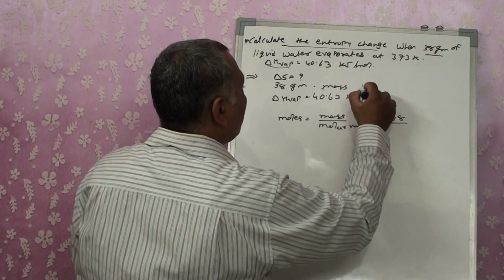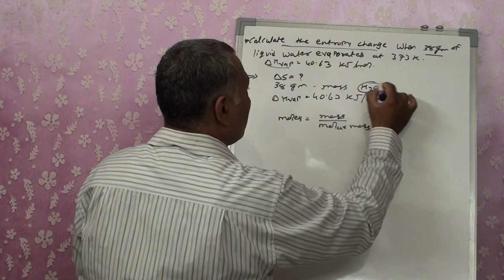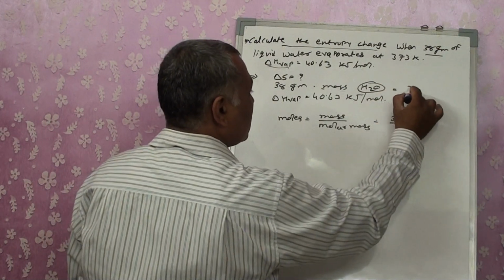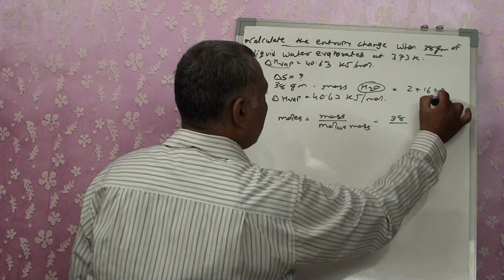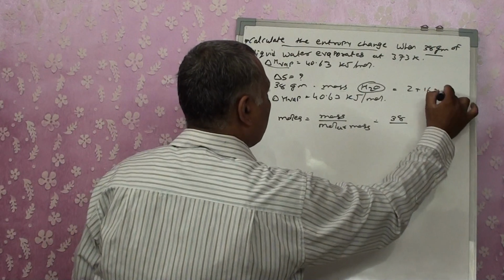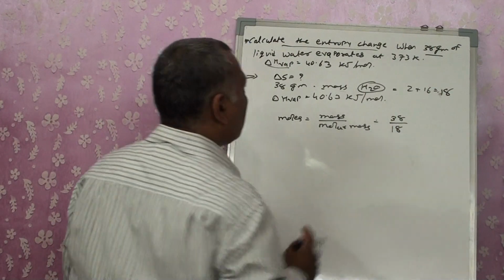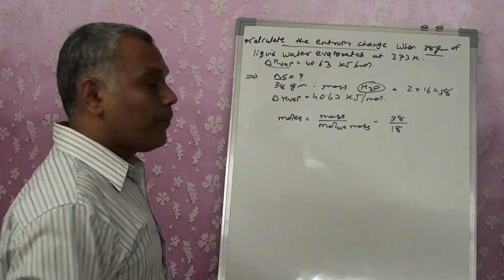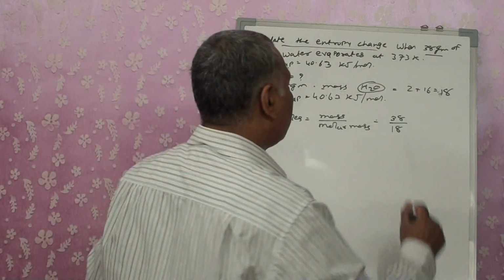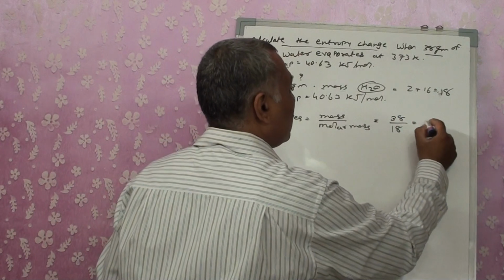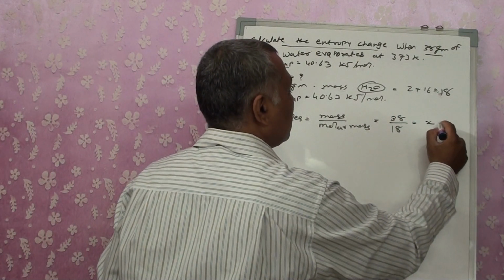Now this is for H2O, its molar mass is 18, right, for water. So we will be getting X moles.